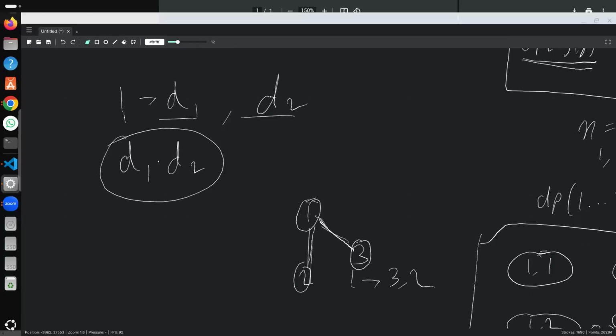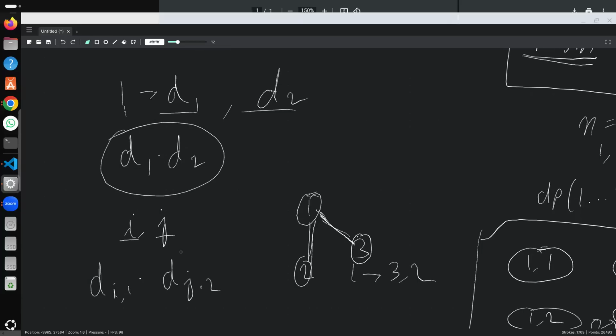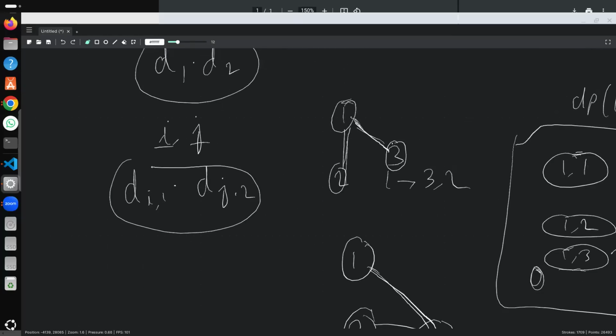So from every node (i, j), with i in the first graph and j in the second graph, it is just d(i,1) times d(j,2).